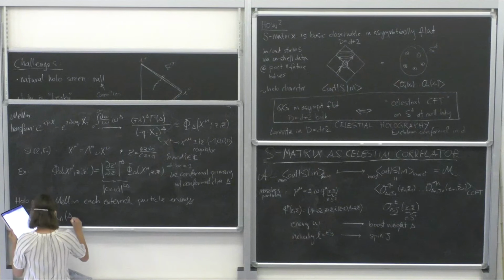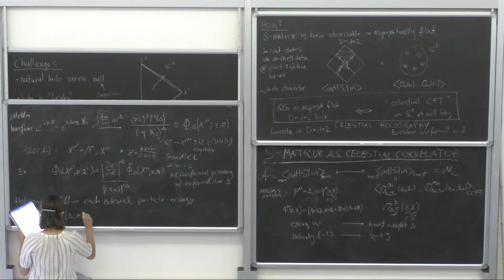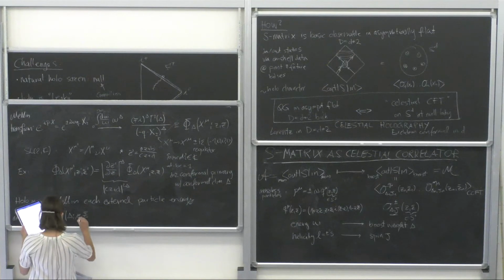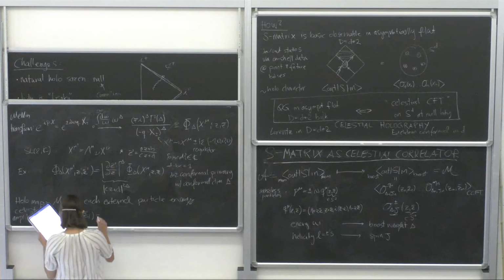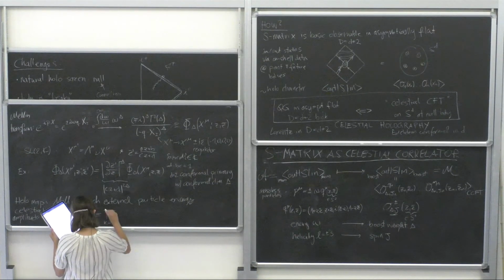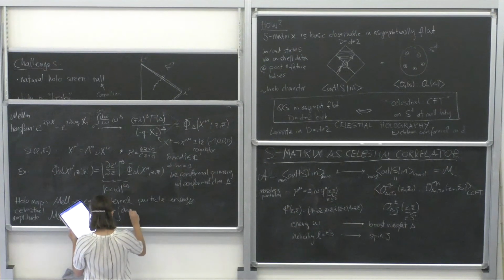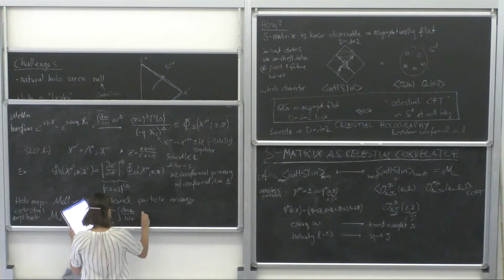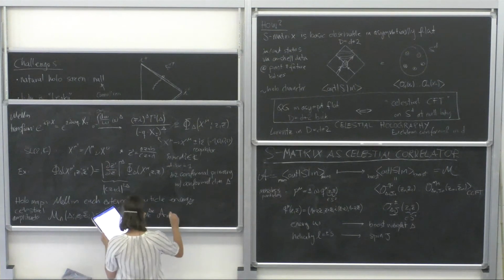Which will now depend on the external conformal dimensions. It still depends on the bulk points and on the boundary points z_i and z bar i. And this will be defined as the Mellin transform of each of those n external particle energies of the original momentum space amplitude.